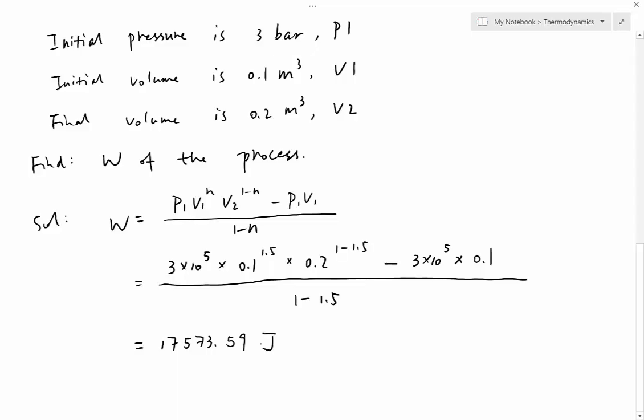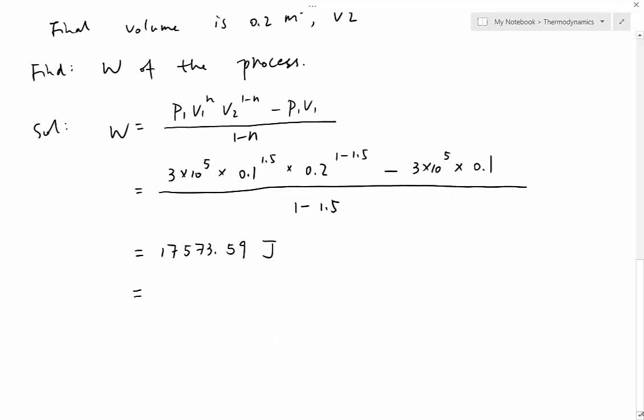It's joule. Okay, and then one more step. Usually for engineers, we use another unit. What is that? Kilojoules, because joule is too small. So one more step to convert joules to kilojoules. That is 17.6 kilojoules. Okay, so that is my solution.